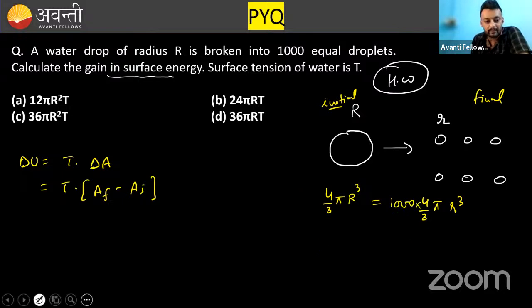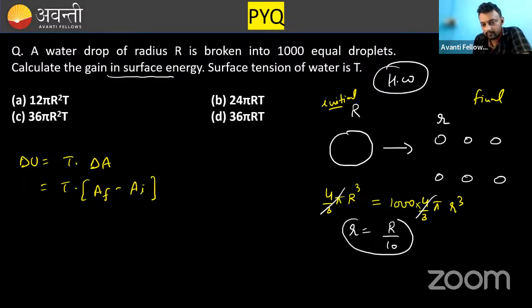Is this statement clear? From this, 4 by 3 pi cancels, so small r cube will be capital R cube by 1,000. So small r will be R by 10. So we have calculated the radius of this part.